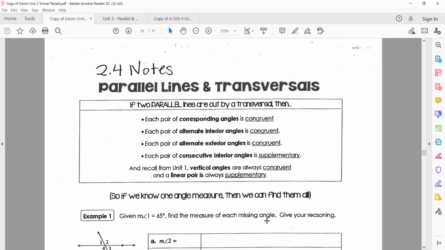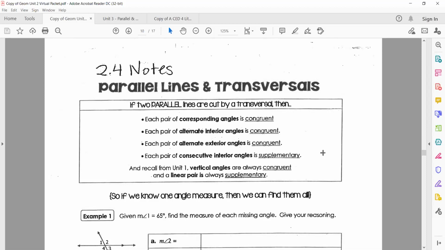If you look at the corresponding angles, they're going to be congruent. Alternate interior angles are congruent. Alternate exterior angles are congruent. We might even have vertical angles. We already know about vertical angles being congruent. Consecutive interior, for these new definitions, these 4 relationships, that's the only one that's different.